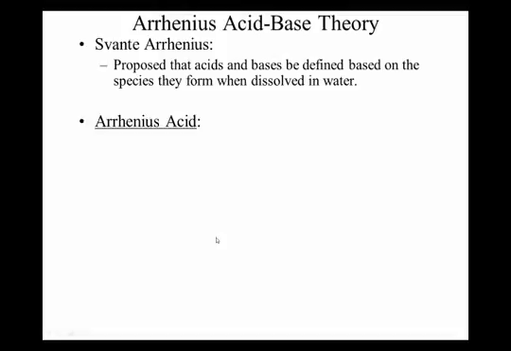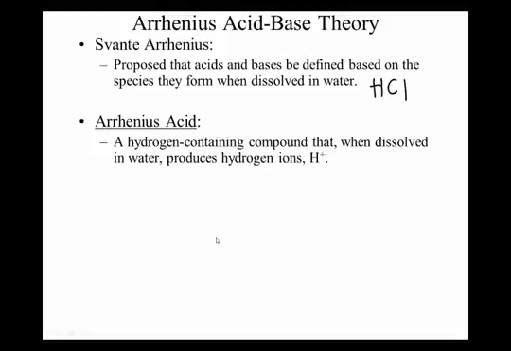An example of an acid is HCl, and here's another acid, H2SO4, and there's also HNO3, and there's lots of acids. Notice they'll have H in front. His theory says an acid is a hydrogen-containing compound that, when dissolved in water, produces hydrogen ions.